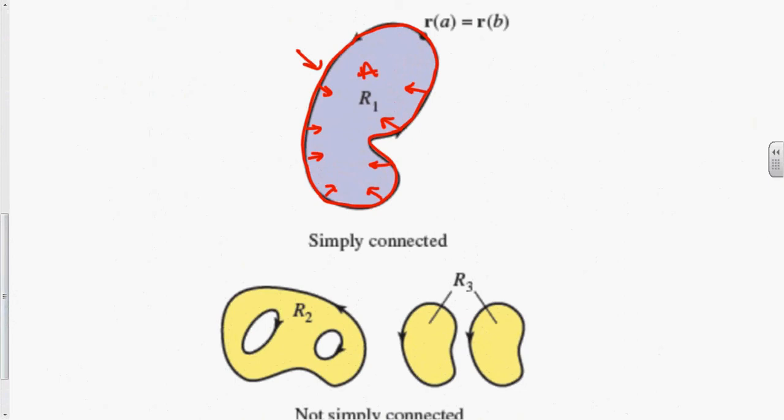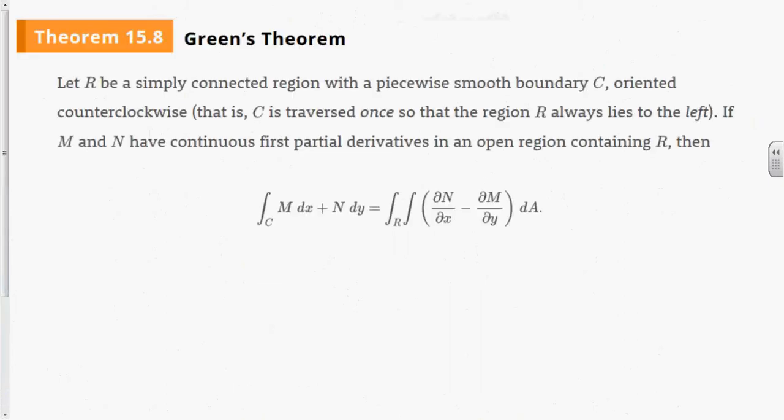Here's what he says formally. He says, let R be a simply connected region with a piecewise smooth boundary. He's concerned about the boundary, C, oriented counterclockwise, that is, C is traversed once so that the region R always lies to the left.